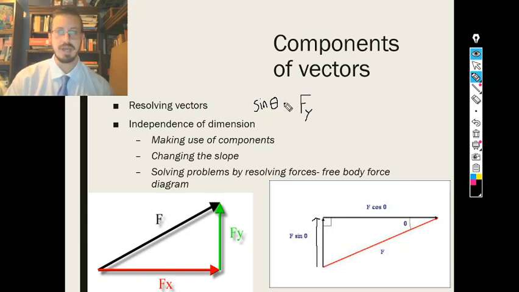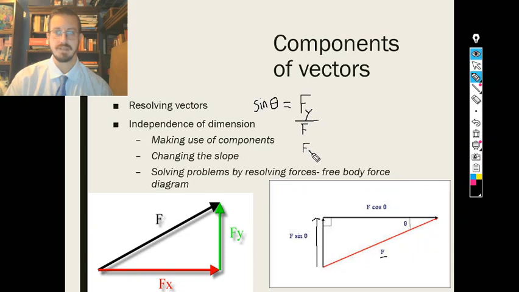And so here we have the sine of theta equal to the side opposite, which I've called F sub y, the y component of force, over the force, which is the hypotenuse, right? The hypotenuse here is this force vector that they've labeled F. If I multiply both sides of this by F, then you can see that I've solved for this y component.